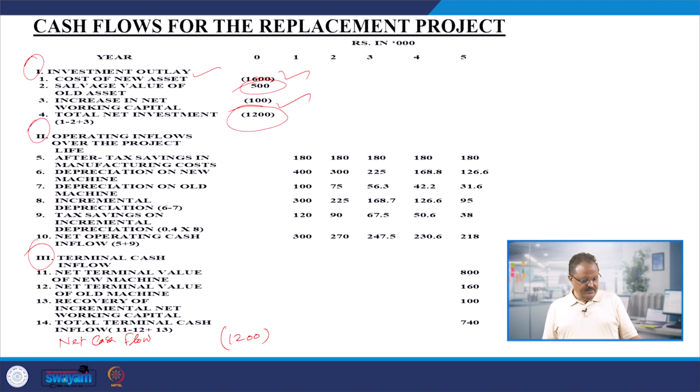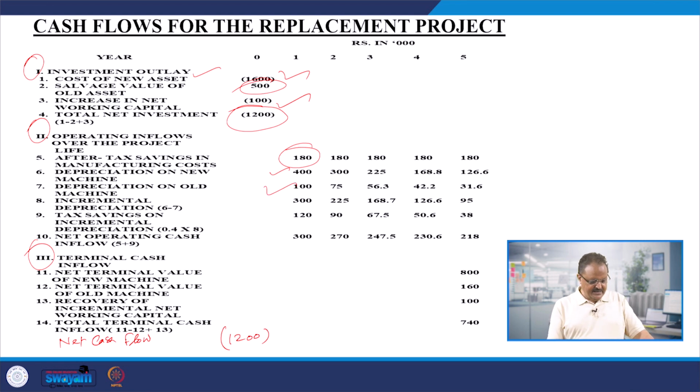And when the cost is reduced, after tax savings will be there, and this after tax saving of 180 would be adding to the cash inflows. Then we will talk about the depreciation. So depreciation on the new machine we will calculate as 400, but you have to factor in the depreciation for the old machine also, of 100.